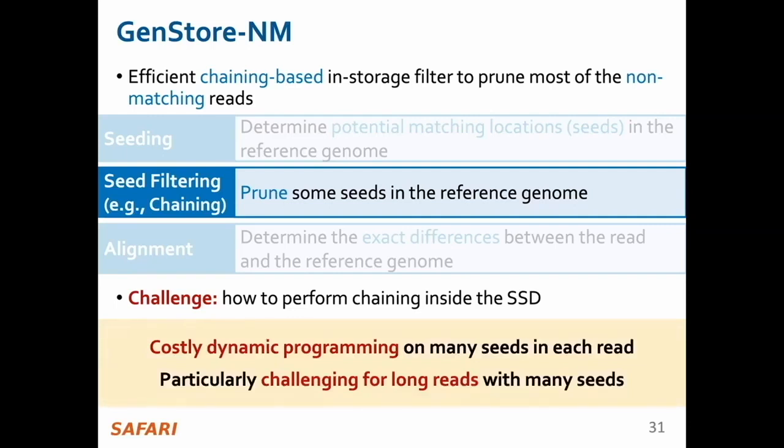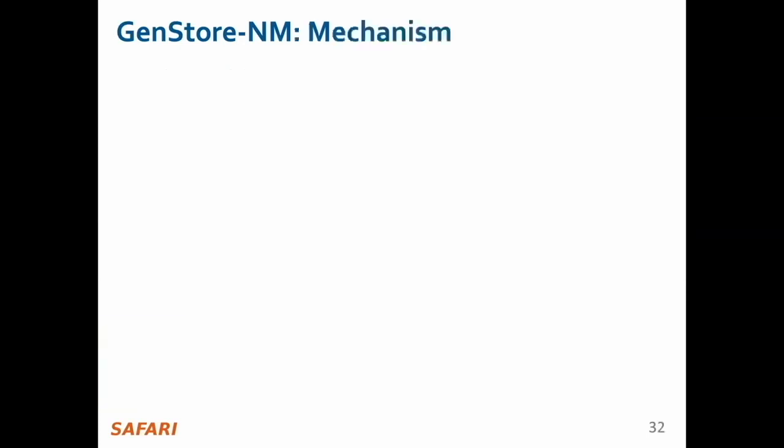If we want to perform this at high throughput for long reads, so that we can leverage the full internal bandwidth and full throughput of the SSD, we would need to trade off large area by increasing the parallelism of this accelerator, the chaining filter. That would incur high area size for logic and the buffer space that we would need. So that would be inefficient for long reads that can have an extremely large number of seeds.